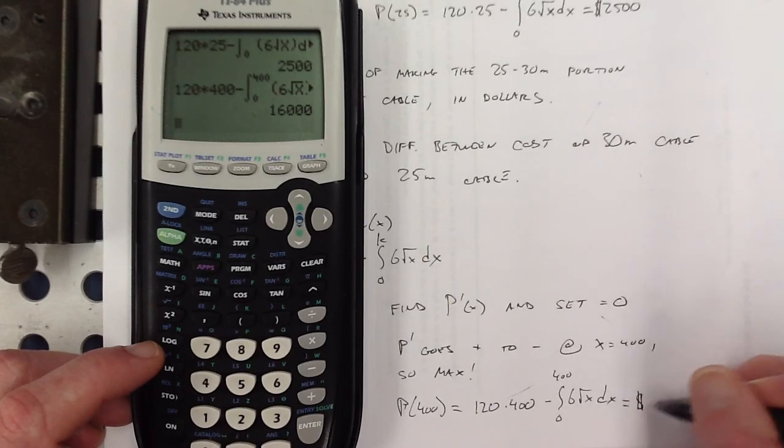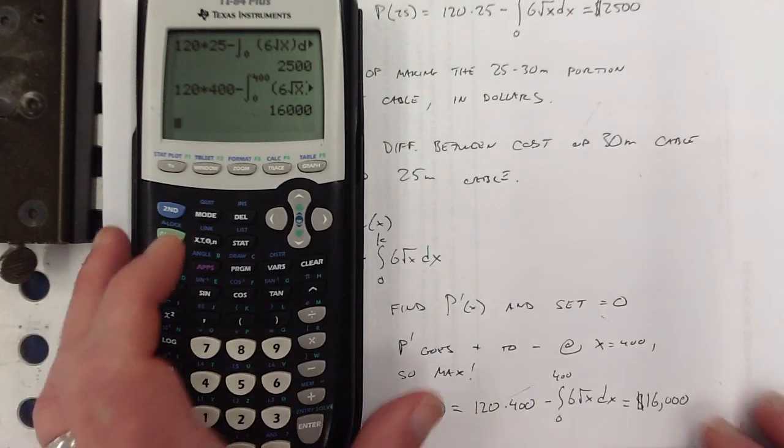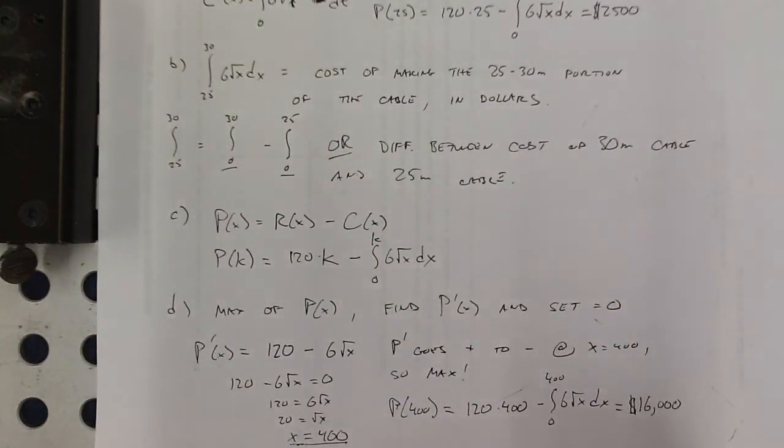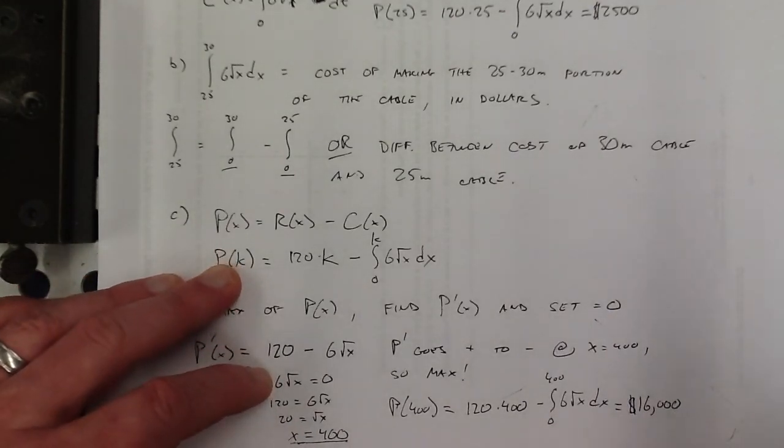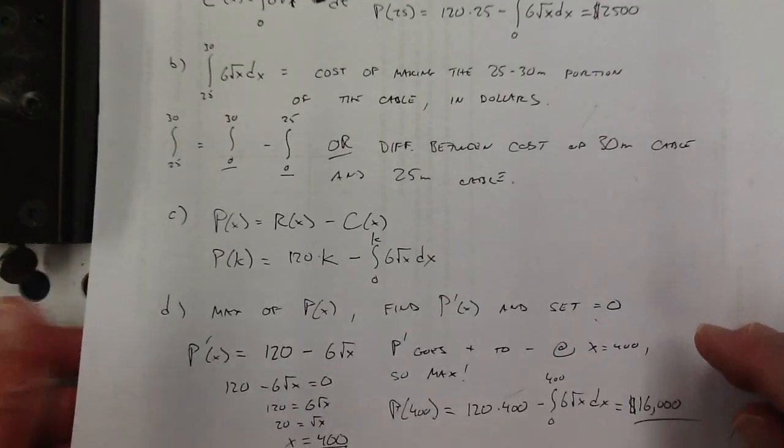And that is $16,000. Not bad for a day's work. Well, assuming you can make a 400-meter cable in a day. There you go. There's that one.